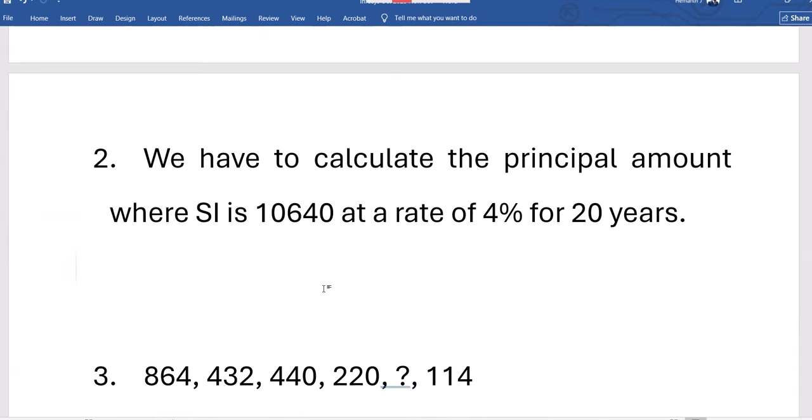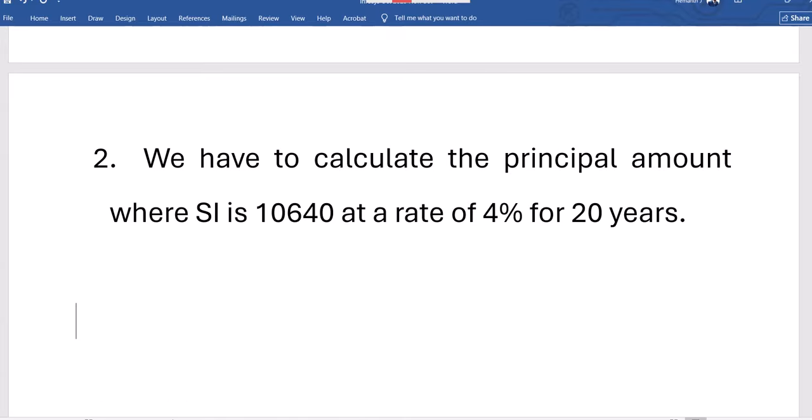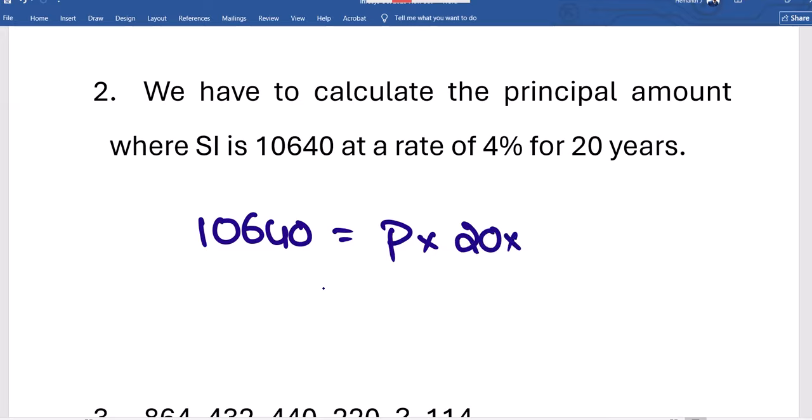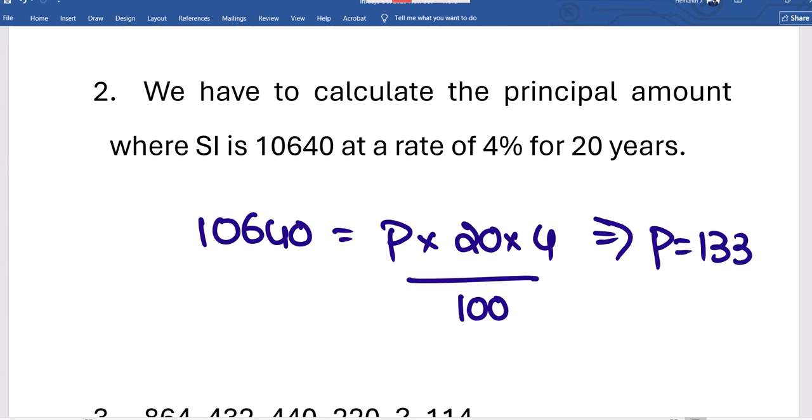Fill in the blank. This one. Simple interest is given. You have to calculate the principal. I equals P into T into R divided by 100. Cancel, and you can find it's 13,300. Principal you need to calculate.